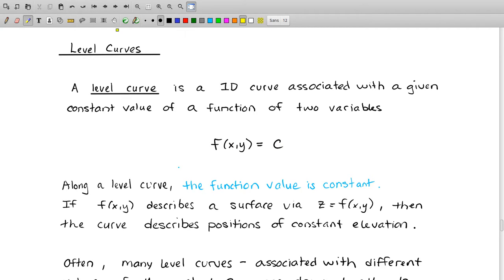As a two-variable function, we would say z equals f of x, y. But a level curve is the set of points where that equals one particular value. Only one value of z are we interested in: where is it equal to that particular value of z that we're here calling c?